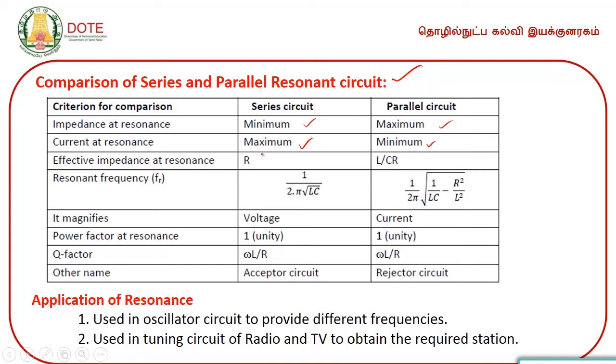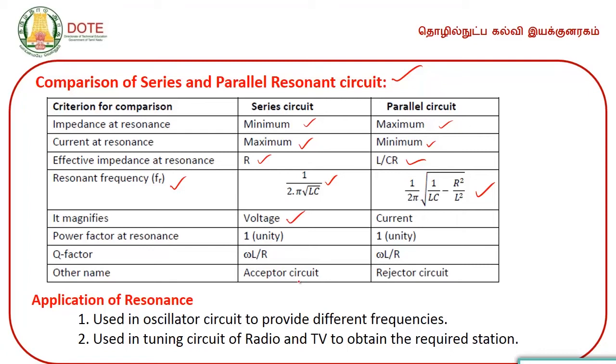What happens to the effective impedance at resonance? Effective impedance is equal to R, whereas it is equal to L by C into R. What is the resonance frequency in a series circuit? It is 1 by 2 pi into square root L C, whereas here it is 1 by 2 pi into square root of 1 by L C minus R square by L square.